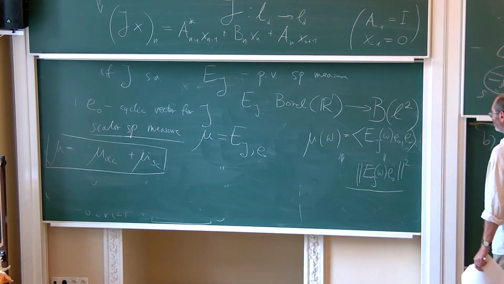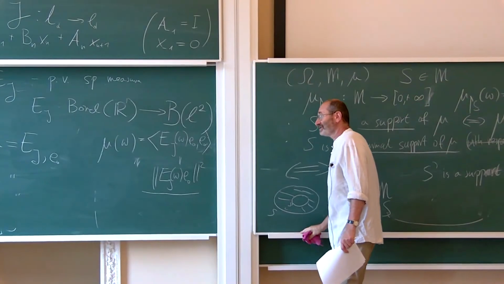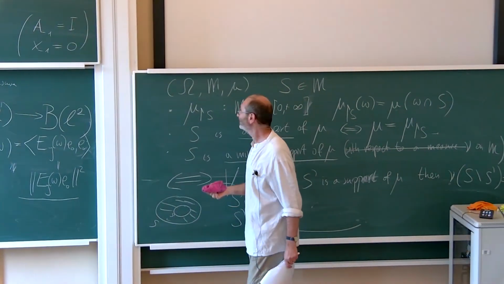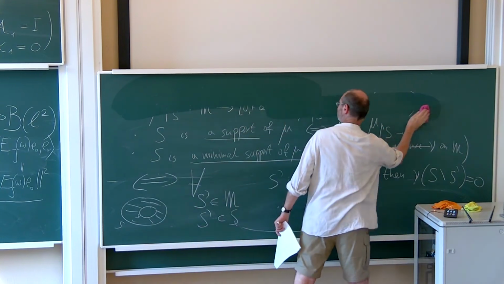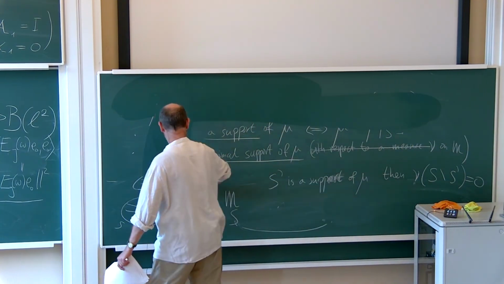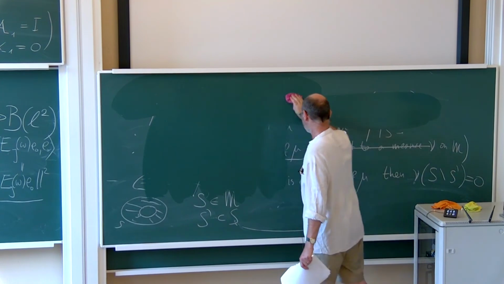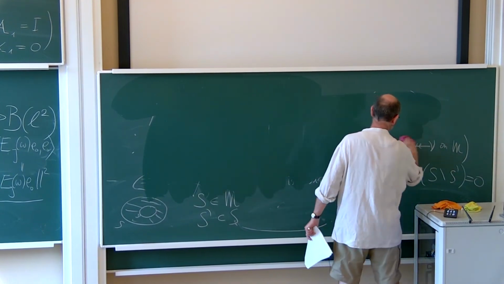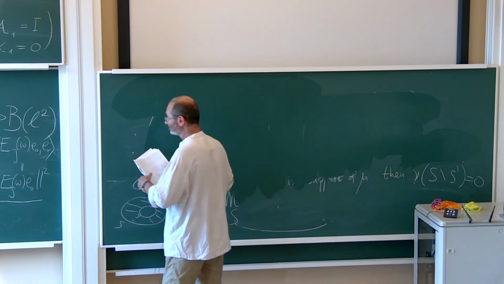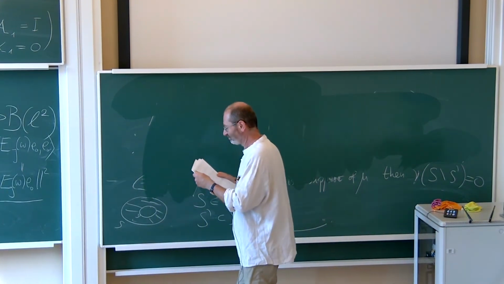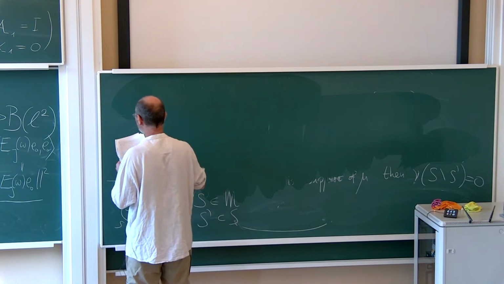So I will formulate the theorem and I think I will not say anything about the proof, and about the block case. But what to do? It is not so easy to describe this in 1 hour.